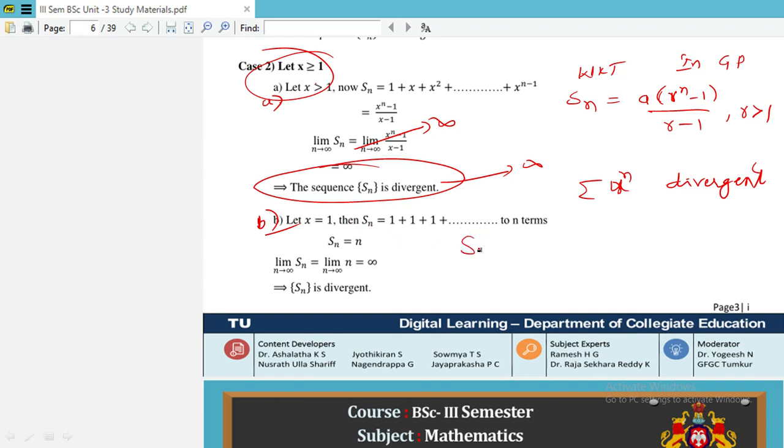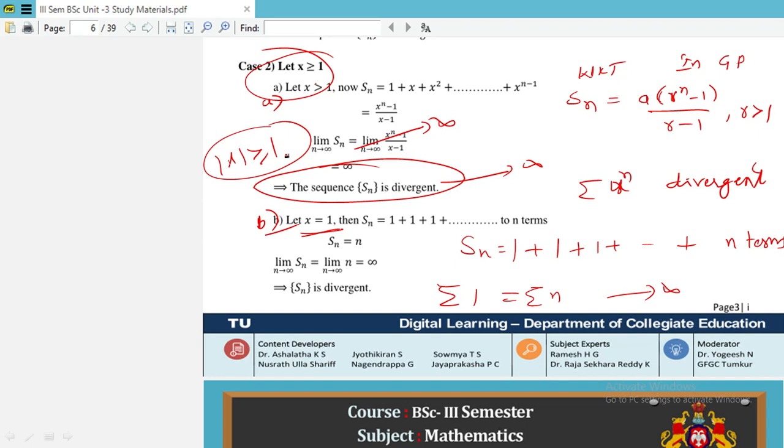Then the sequence of partial sums, if we take x equal to 1, is Sn equal to 1 plus 1 plus 1 and so on up to n terms, which equals n and tends to infinity. Therefore, in the second case, mod x greater than or equal to 1, the series is divergent.